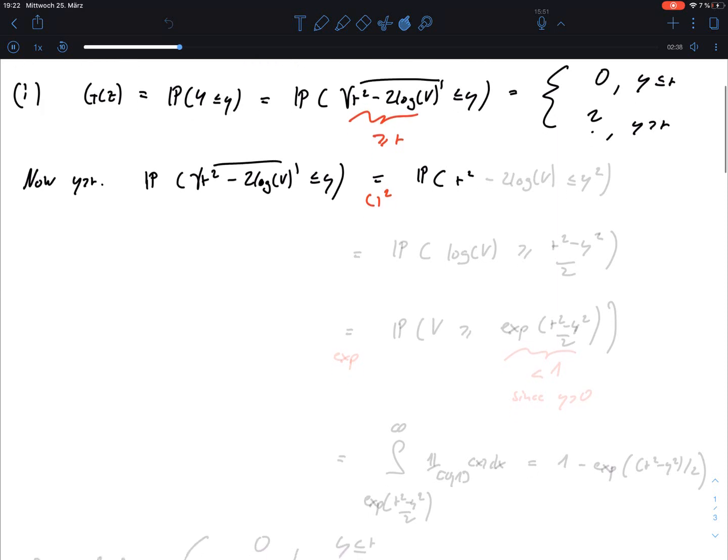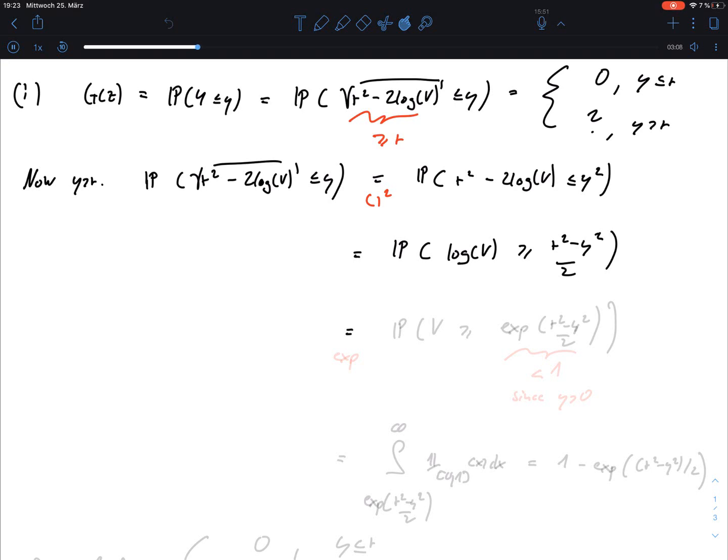So we have r squared minus 2 log V less than y squared. And now we rearrange further. So we are getting log V greater or equal than (r squared minus y squared) divided by 2. Don't forget to flip the sign because we are dividing by minus 2.